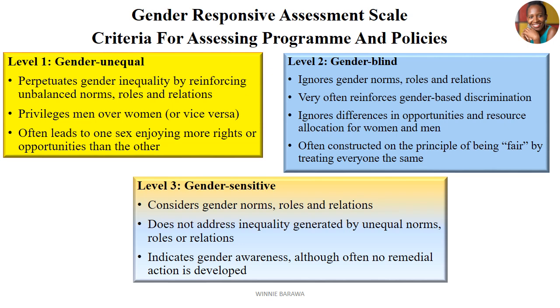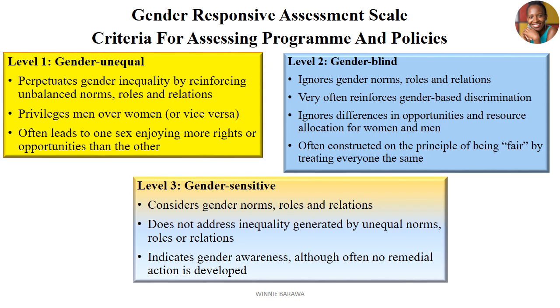So I want you to see the difference. With a gender unequal project, nothing is in play here. We just favor whoever is already favored and we work with that. With a gender blind project, we ignore whatever is there and we work with the discrimination and we re-emphasize it. But in a gender sensitive project, it has considered the norms, the roles, and the relationships, but we are not going to address any of these problems.